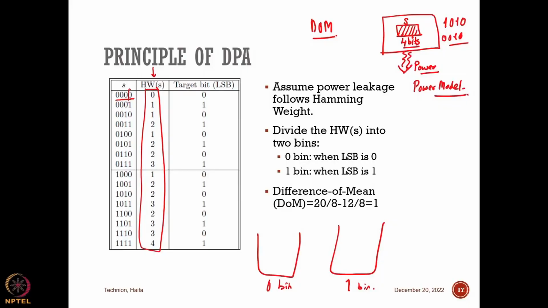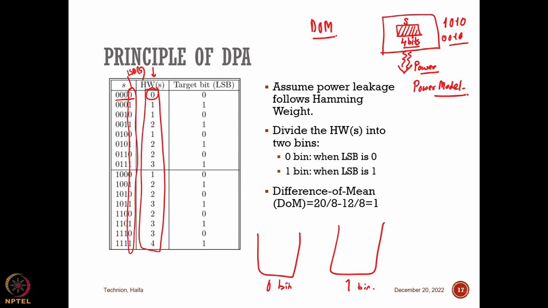Do you understand the claim? The claim is that the Hamming weight of S is dependent upon the LSB of the state S. What is the LSB of the state S? It is these values. These are the LSBs of the state S. So I take this value and put it into the 0 bin if the LSB is 0, and into the 1 bin if the LSB is 1.